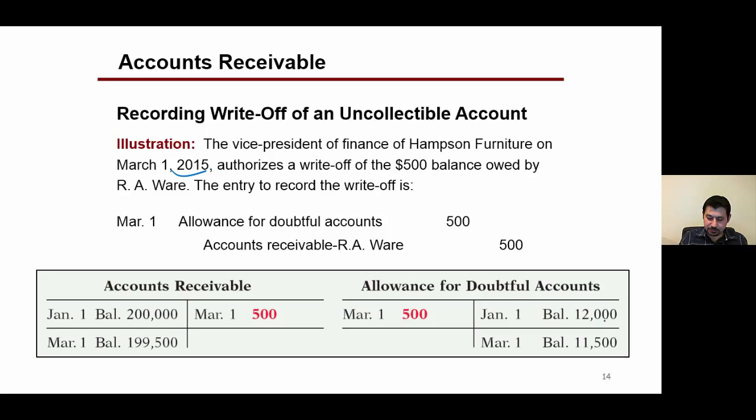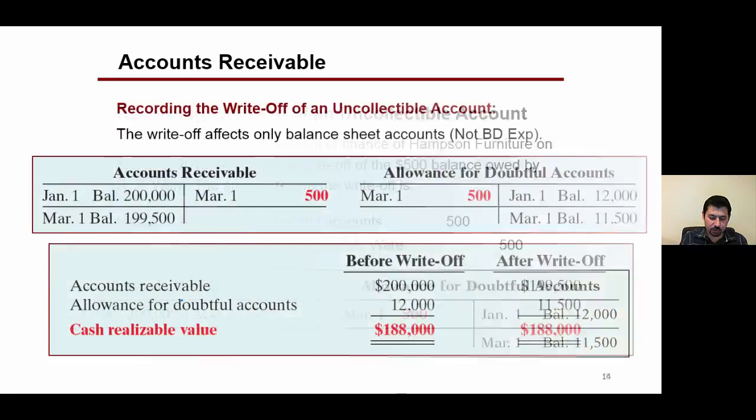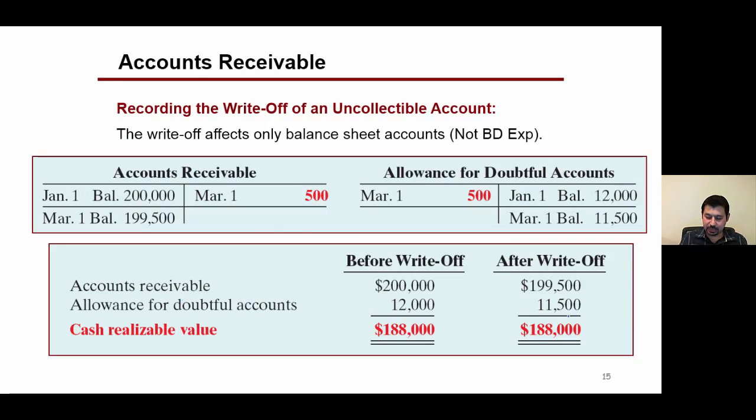Now, as you can see here, if you subtract 11,500 from 199,500, it will be 188,000. And if you subtract 12,000 from 200,000, it will also be 188,000.